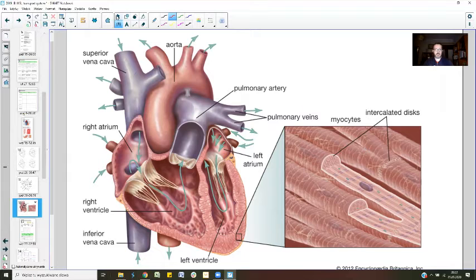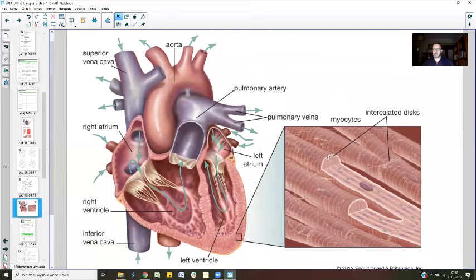I would like to show you the structure of the heart muscle tissue. It was outlined when we were talking about animal tissue in general, but here I would like to show you one detail that we have not mentioned yet. We said that cardiac muscle is made of branched cells. They are striated. Here you can see the striations. They have one or two nuclei, but the very important feature in the functioning of this tissue is the presence of intercalated discs.